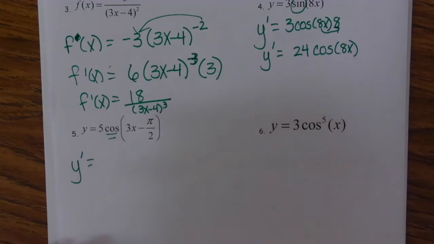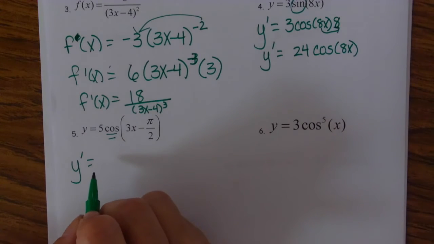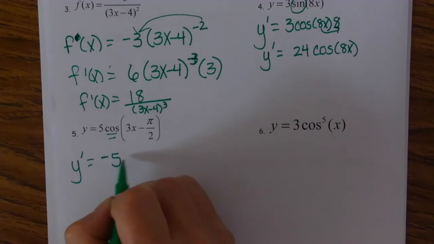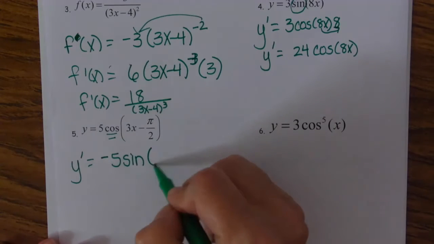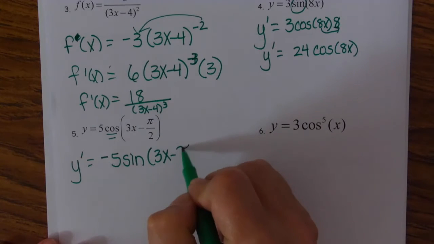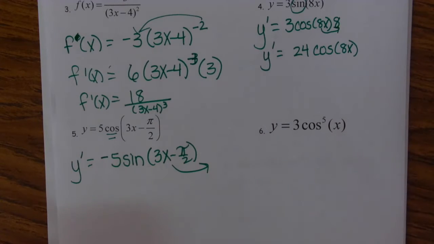So what's the derivative of 5 cosine? Cosine, the derivative is negative, so -5 sine. We've taken one derivative, so we can't mess with this. Now we're ready to take the derivative of that.